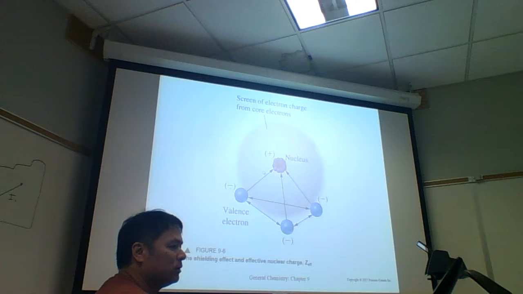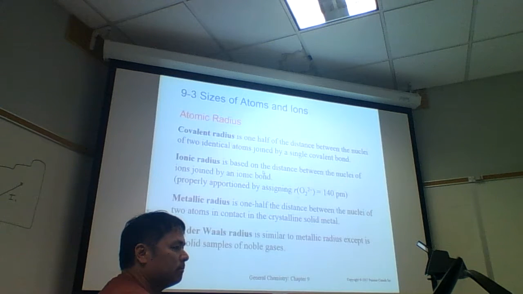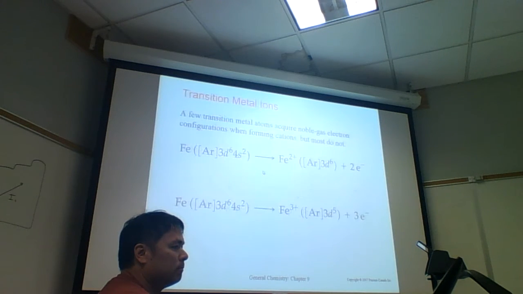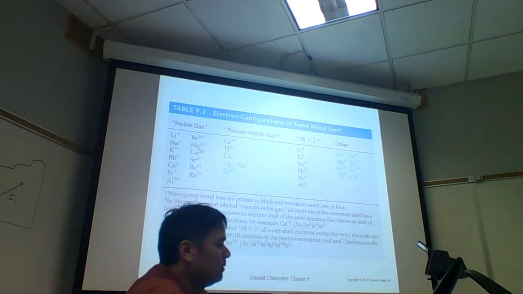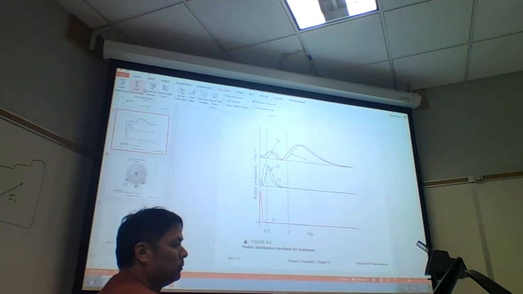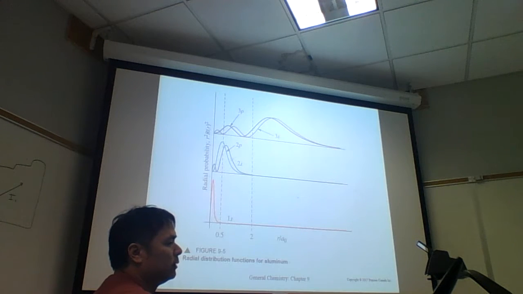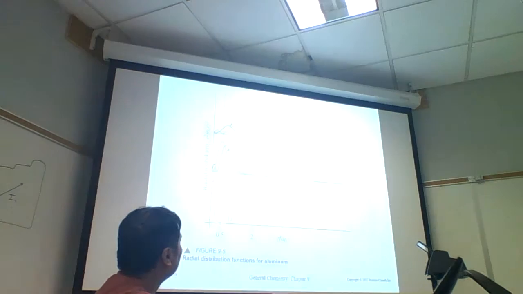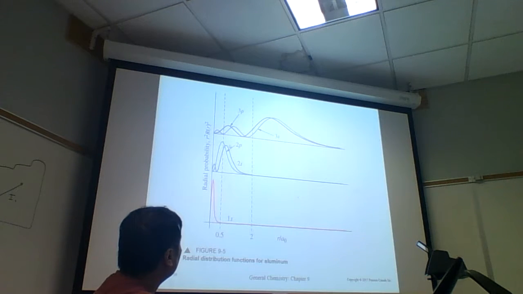We'll go back here and look. 2p orbitals aren't as penetrating as 2s orbitals. You can see it here: the 2p orbitals in green, the 2s orbitals in blue.